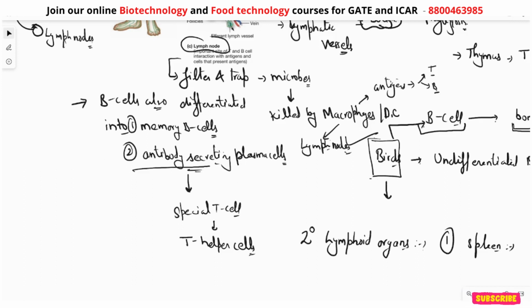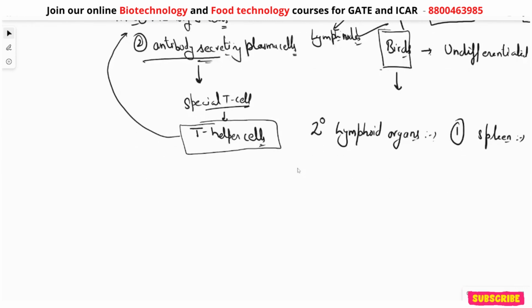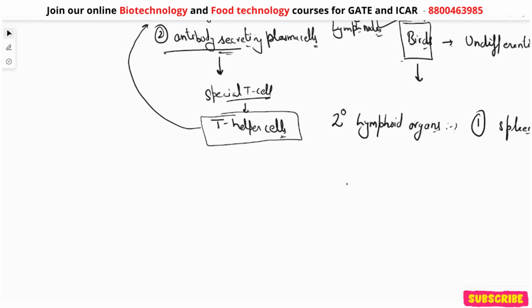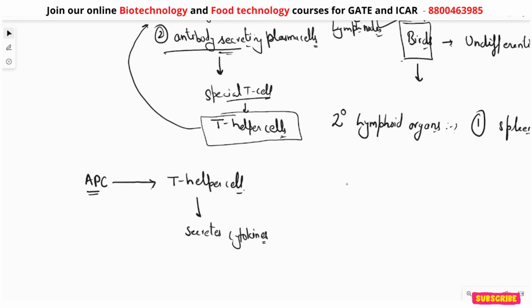Antibody secretion needs T helper cells, and they lead to the production of memory B cells and antibodies. When antigen-presenting cells, the macrophages and dendritic cells, present the antigen to the T helper cell, it secretes cytokines, which are chemical mediators that mediate the B cell specific immune response against the pathogen.